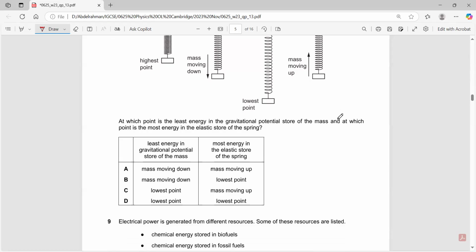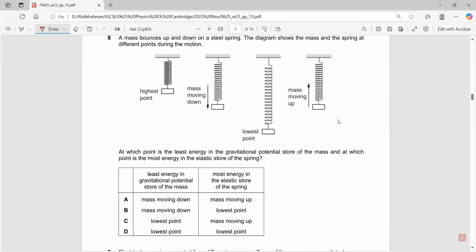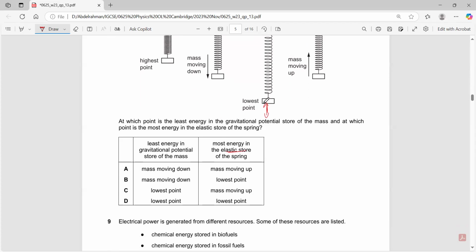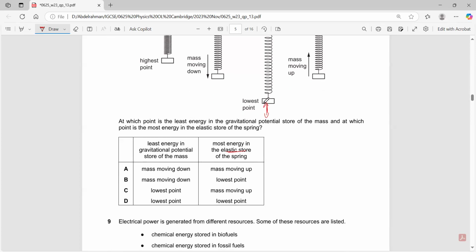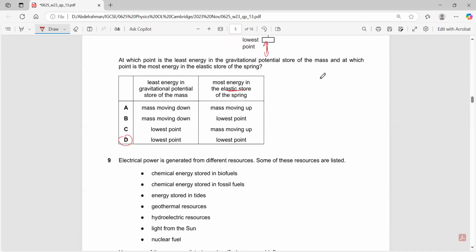Closest to the ground, which is the lowest point. So this is the least gravitational potential energy. What about the most elastic potential energy, strain energy? It would also be the lowest point. Why? Because the spring is extended the most. It is extended the most at this point. So the lowest and the lowest.